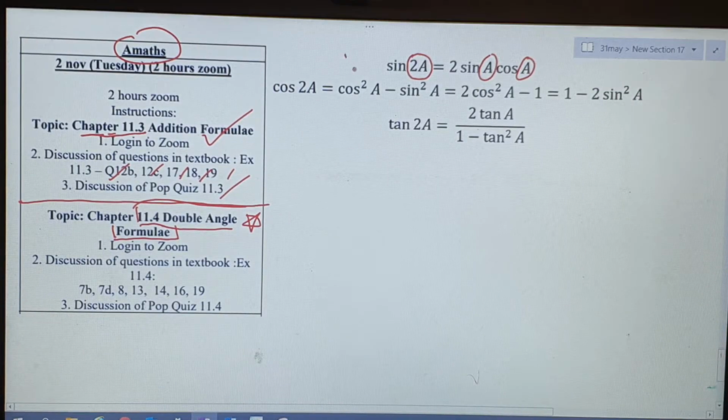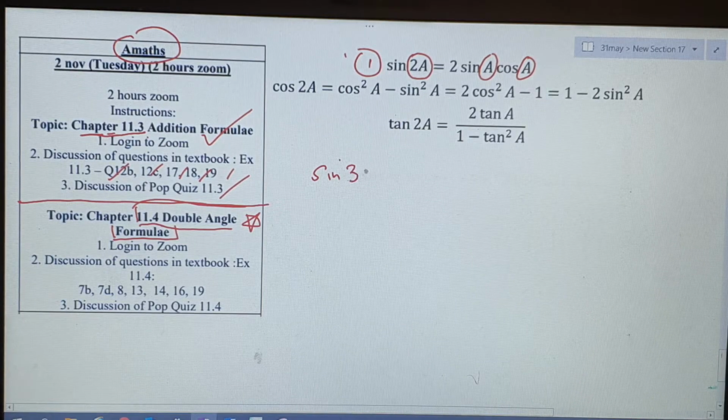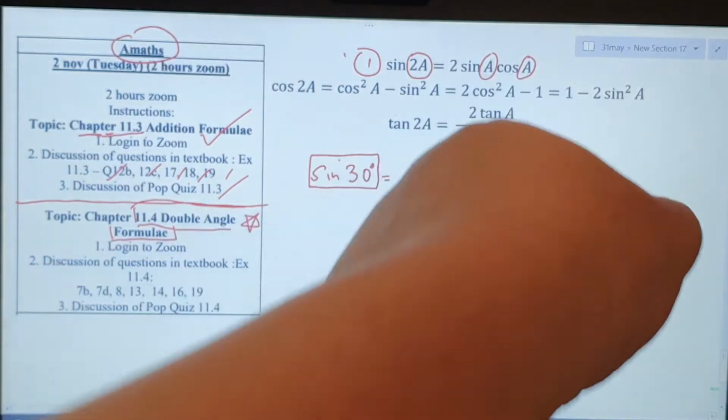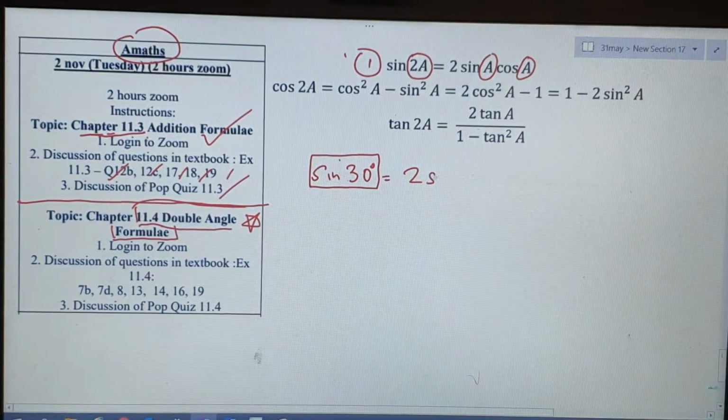Now let me go through the first one, the double angle for sine. So let's say I have sine 30 degrees. Another way to write sine 30 degrees is 2 sine 15 cos 15.